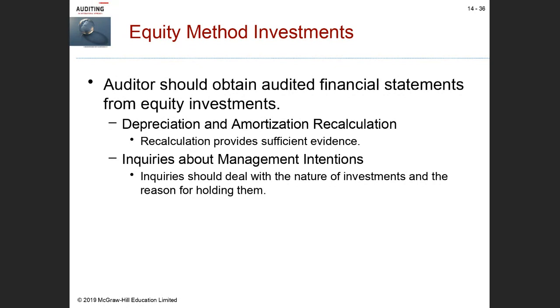So management will have to get a copy of that audit report from Deloitte on the investment which they hold. Well, when's that audit being done? Maybe the equity method investment has a different year end than the client. So there could be some challenges here. It sounds easy, just get the financial statement, make sure there's not an impairment. It's not always that straightforward. Hopefully it is, but not always.